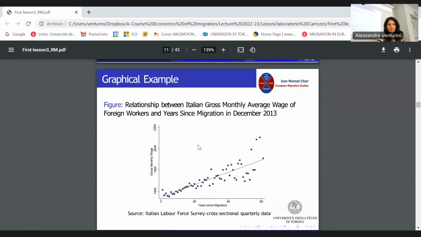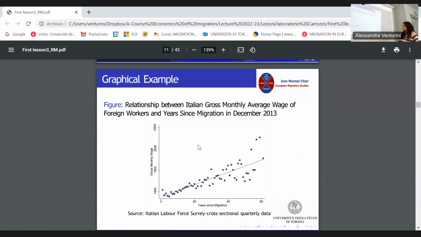Okay, we have an example. This figure shows the relationship between the Italian gross monthly average wage of foreign workers and years since migration. Years since migration is a variable that measures how many years you have been in the country of destination.